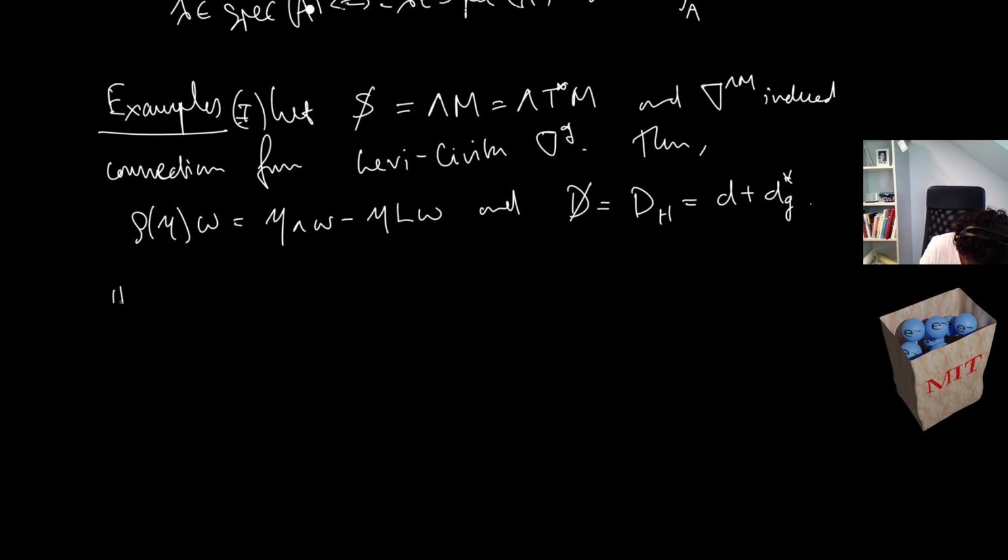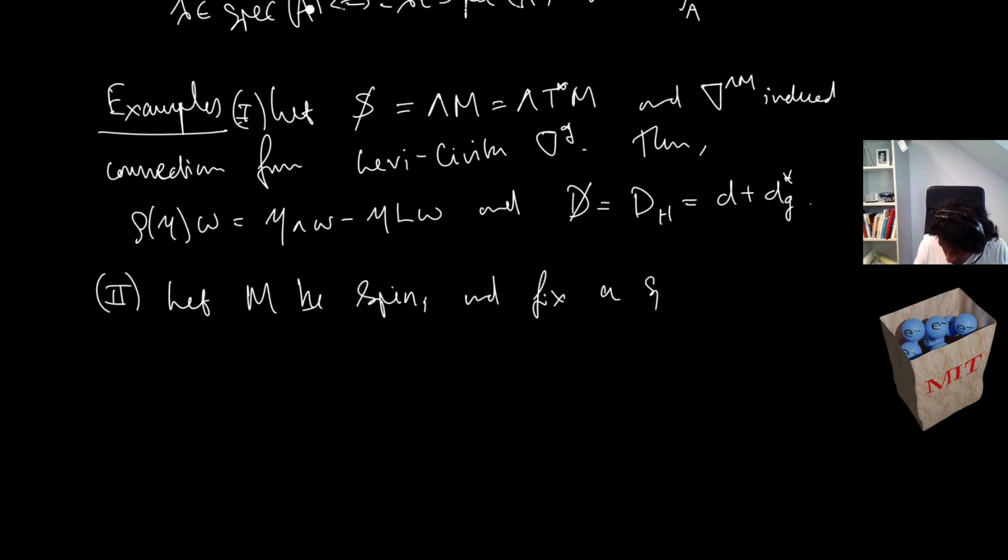So the second example, a little bit more sophisticated. So let M be spin, and fix a spin structure psi.